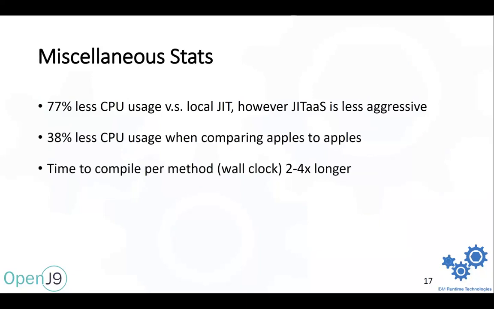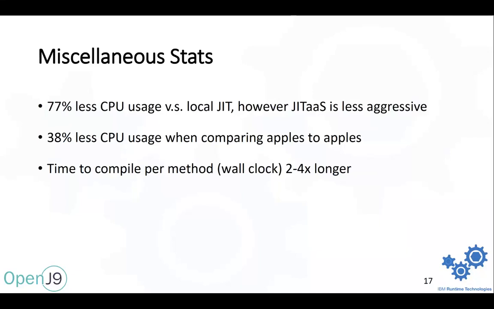It doesn't do all of the same optimizations, but if you're just going to measure it, you get a 77% CPU utilization savings. If we were to do a more apples-to-apples comparison, if we had the conventional JIT and the JIT as a service JIT do roughly the same amount of work and the same number of optimizations, you can measure about a 40%, nearly 40% CPU utilization savings.